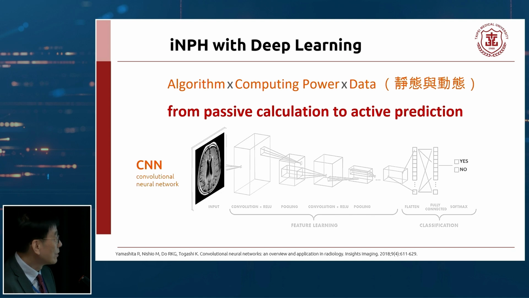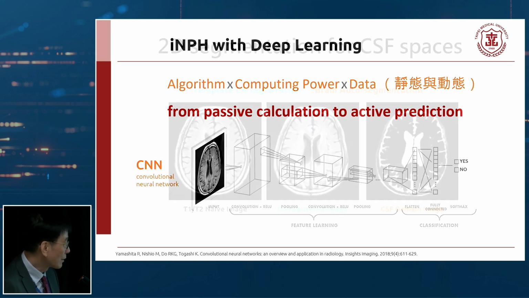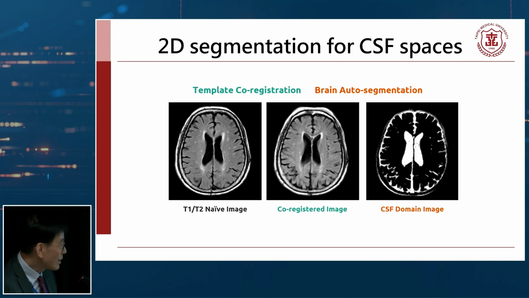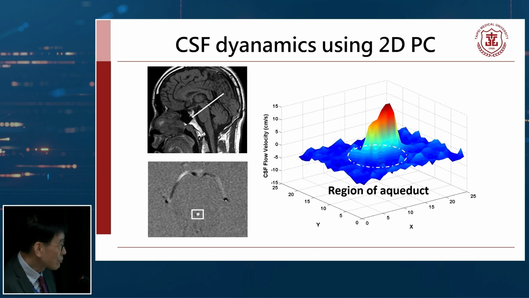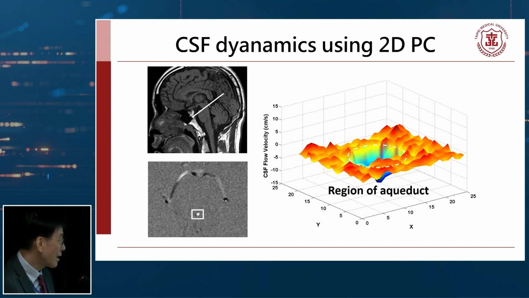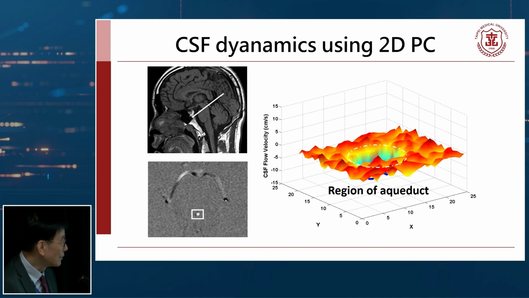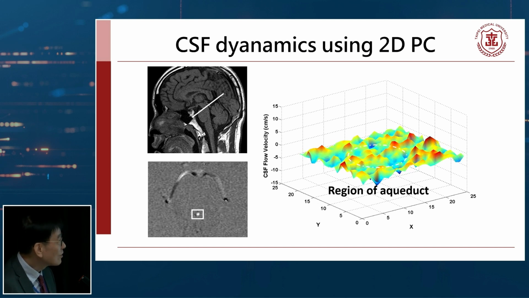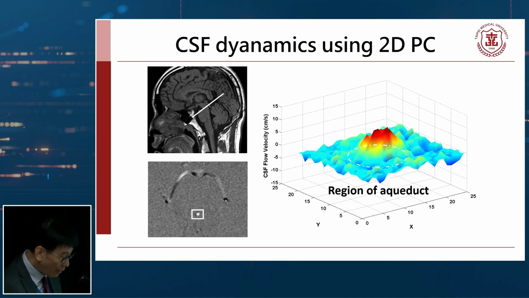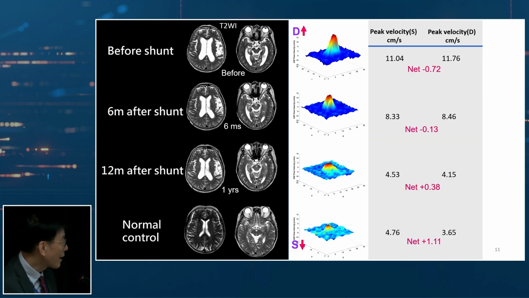So we tried deep learning to extract features from 2D phase-contrast flow dynamics. It's quite simple: we can do auto-segmentation of the CSF space and extract the aqueduct flow parameters. We can then utilize those parameters to train our deep learning algorithm.